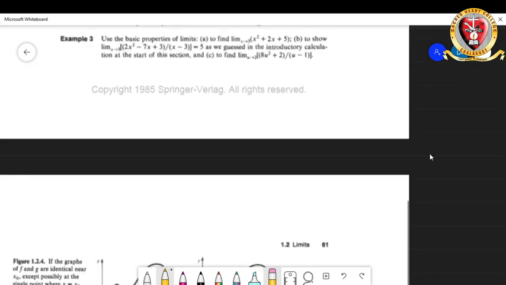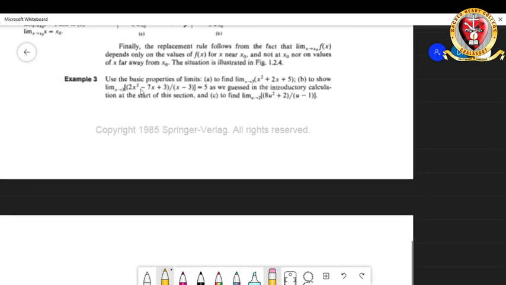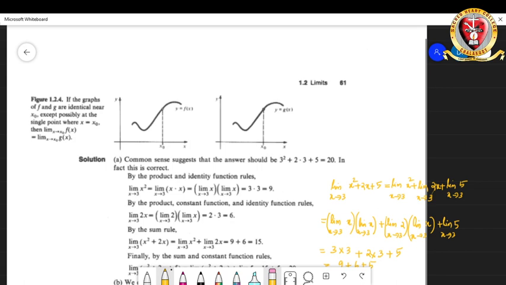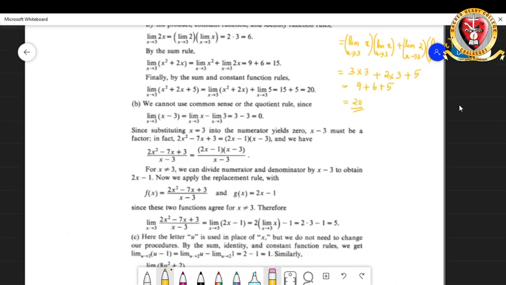So the second one is limit x tends to 3, 2x square minus 7x plus 3 divided by x minus 3. So for that, use the quotient rule.